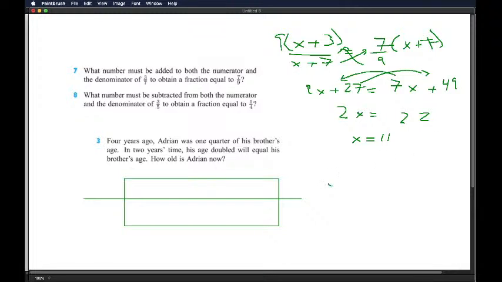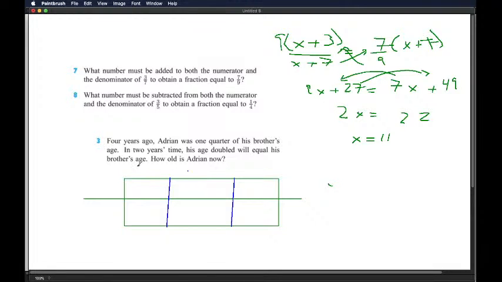All right, let's see if I know how to do this one. I've never tried this one before in my life. So 4 years ago, let me cut this up. All right, let's see.